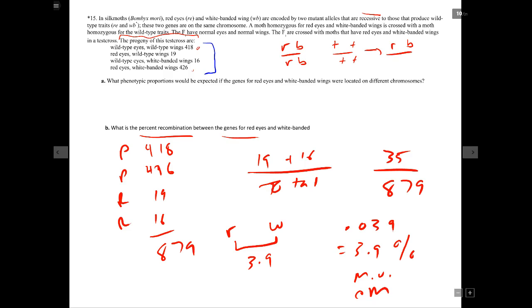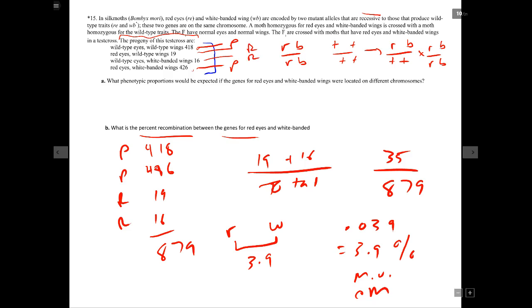That gives us this, and then this is what we test cross. We take that and test cross it to something that's homozygous recessive. Then wild type is a parental, and red banded is a parental, and these other guys are recombinants.